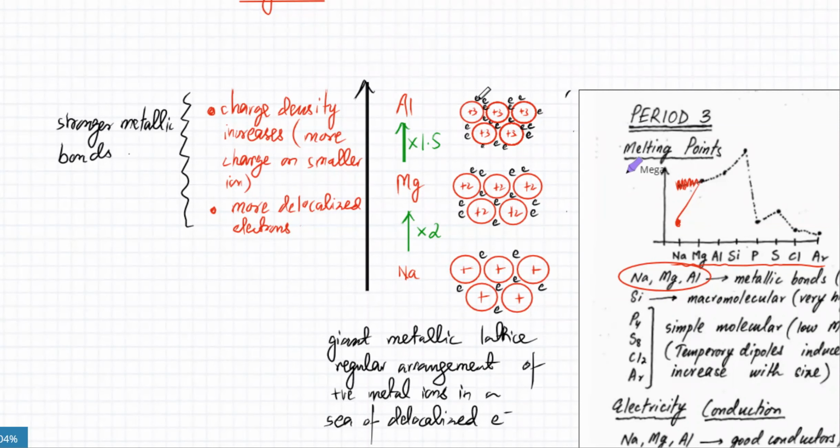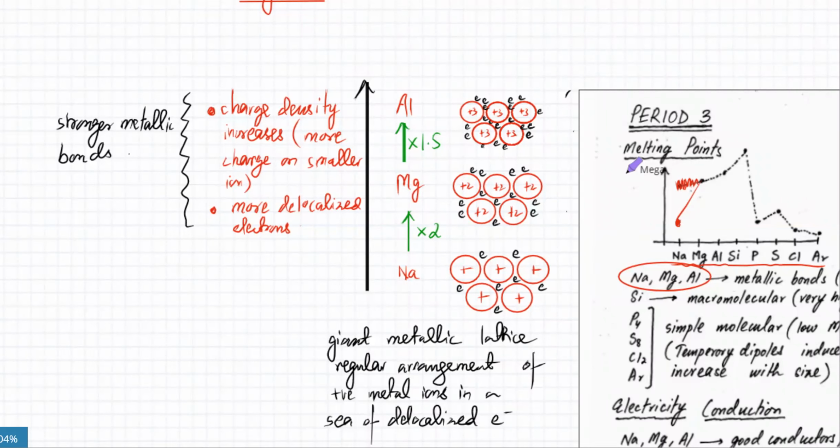So the increase is just 50% or 1.5 times. And the number of electrons, 2 electrons were lost. Now, in this case, there are 3 electrons. So there's a lot less difference between these two and a lot bigger difference between, क्योंकि यहाँ पे double हो रहा है, वहाँ पे it's only increasing 1.5 times. So which is why Mg and Al have a lot similar melting point compared to Na and Mg.